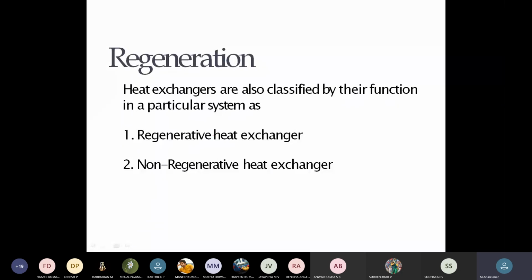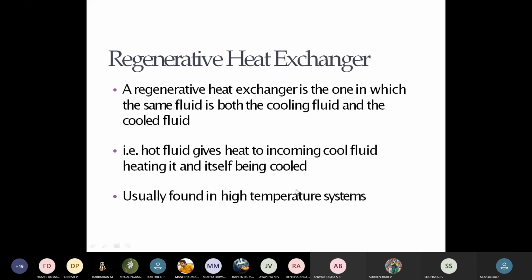Heat exchangers are also classified by the function in a particular system as a regenerative heat exchanger and a non-regenerative heat exchanger. So you know how we can achieve the regeneration. A regenerative heat exchanger is one in which the same fluid is both the cooling fluid and the cooled fluid.